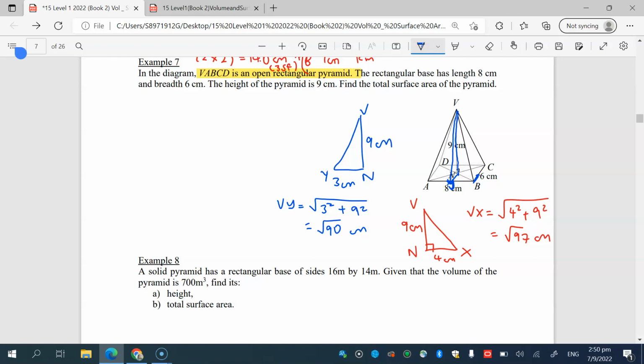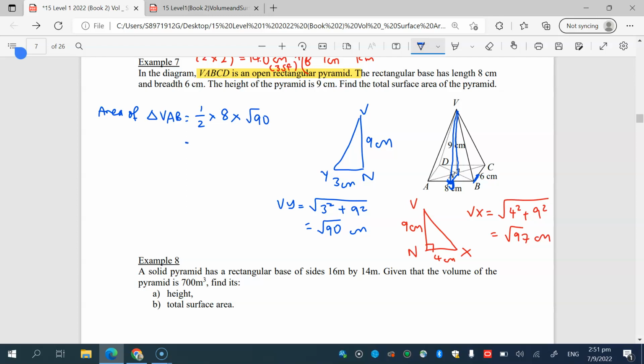So if you want to find the area of triangle VAB, you have to use VY as your height. Okay, so let's write it out. Area of triangle VAB is equals to half times base times height, which is half times 8 times square root 90, right?